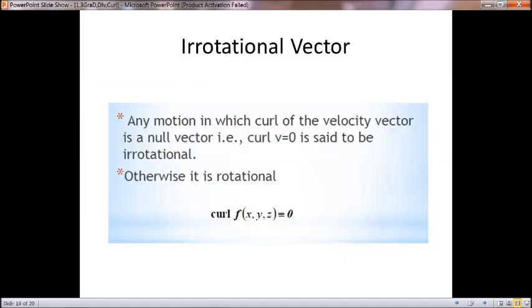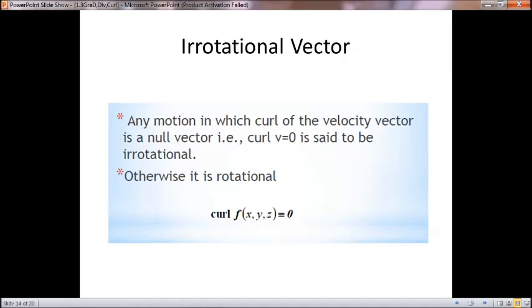Next we have to see the irrotational vector, because if curl gives a 0 value it is irrotational. So any motion in which the curl of a velocity vector is a null vector, that is curl of v is equal to 0, is said to be irrotational. There is no amplitude, no direction. It can be written as curl of f of x comma y comma z is equal to 0.